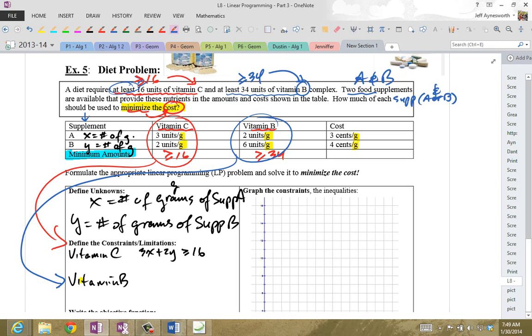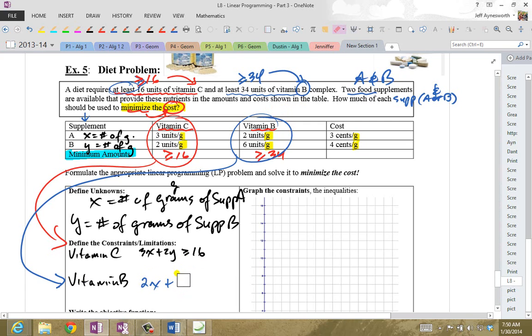So we've got 2x here plus 6y. That's got to be greater than or equal to 34, because it's a minimum requirement. You've got to have at least 34 units of vitamin B for your diet. So 2x plus 6y is greater than or equal to 34 units.